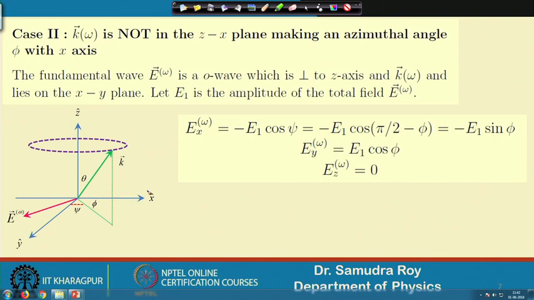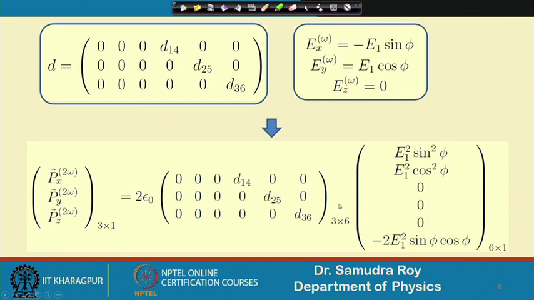That means k is not in the xz plane, it is hanging in space, and we need to find out, if I change the launching angle in terms of its azimuthal distribution, what will be the fate of second harmonic generation. Is second harmonic really going to generate or not? In the next slide we will try to find it out.